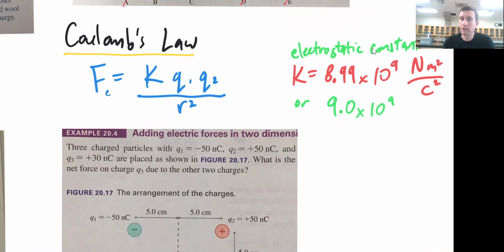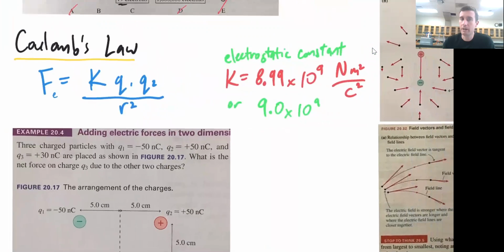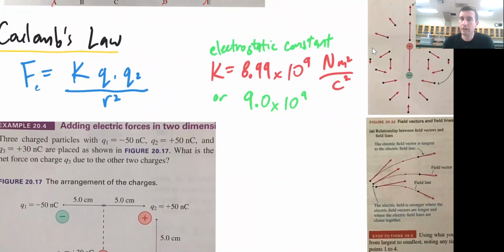So K, Q1, Q2 over R squared will give you the force between them. And the electrostatic constant is 8.99 times 10 to the ninth Newton meters squared per Coulomb squared, or we're just going to round it to 9 times 10 to the ninth Newton meters squared per Coulomb squared.